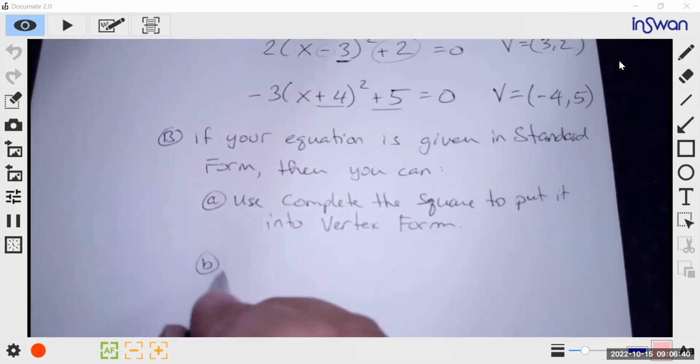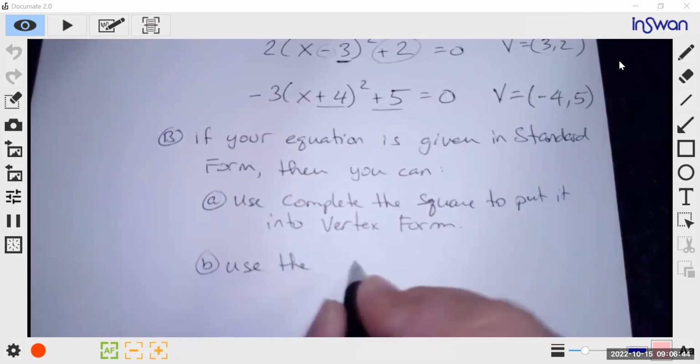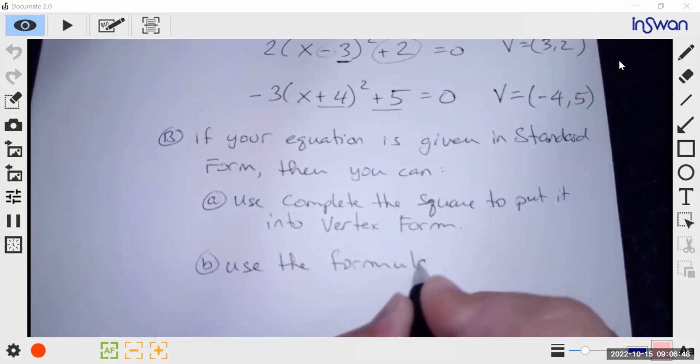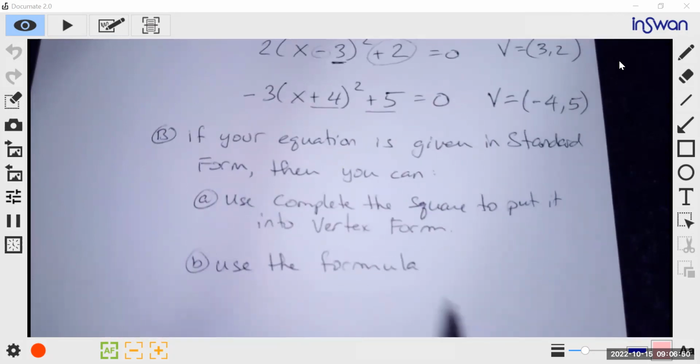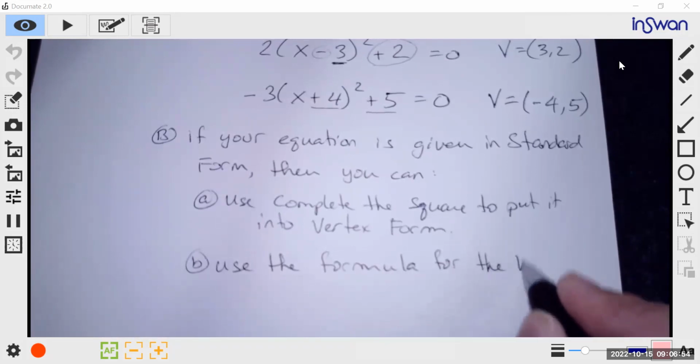Or you can use the formula for the vertex.